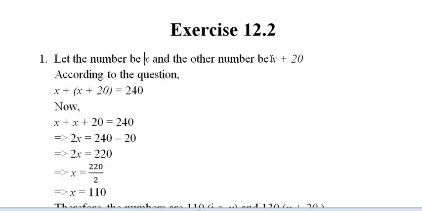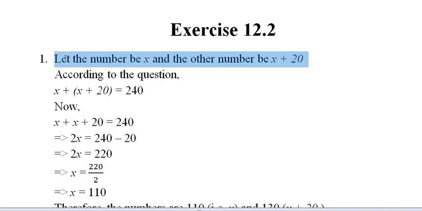Let us suppose it to be 5, and the other number which is greater than 5 will be 25, that is 5 plus 20.